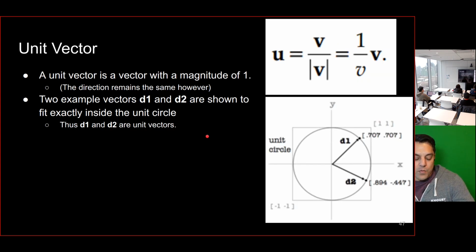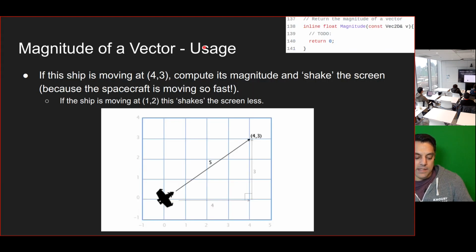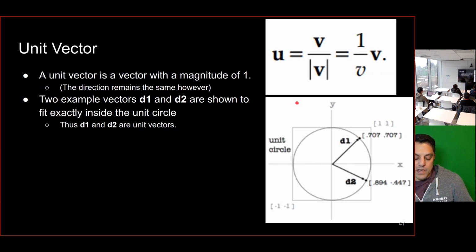All right, now when we work with our vectors, we tend to also want to make them unit vectors. However, that sort of negates this use case depending on how you want to use it. But usually when we're using vectors, we want to make them unit vectors. That means that their magnitude will be exactly 1. That means that they tend to fit nicely in a unit circle. So here's just a reminder of the unit circle.